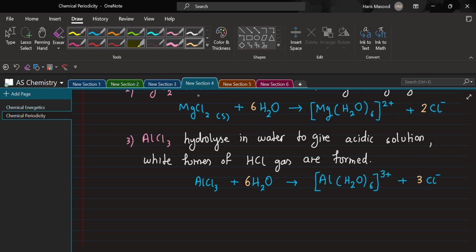Furthermore, if we need to make the acidic solution, now we have just made the complex ion. Now this complex ion will do what?